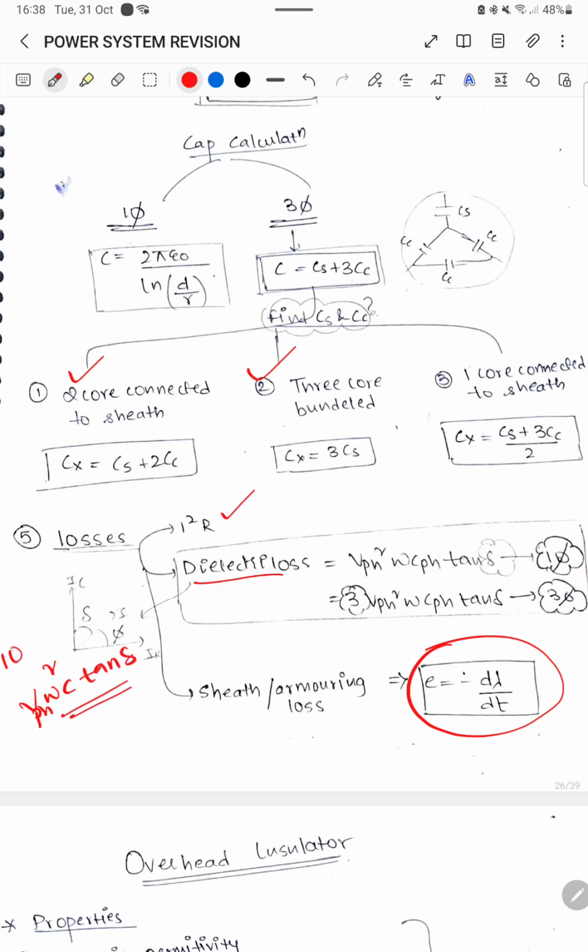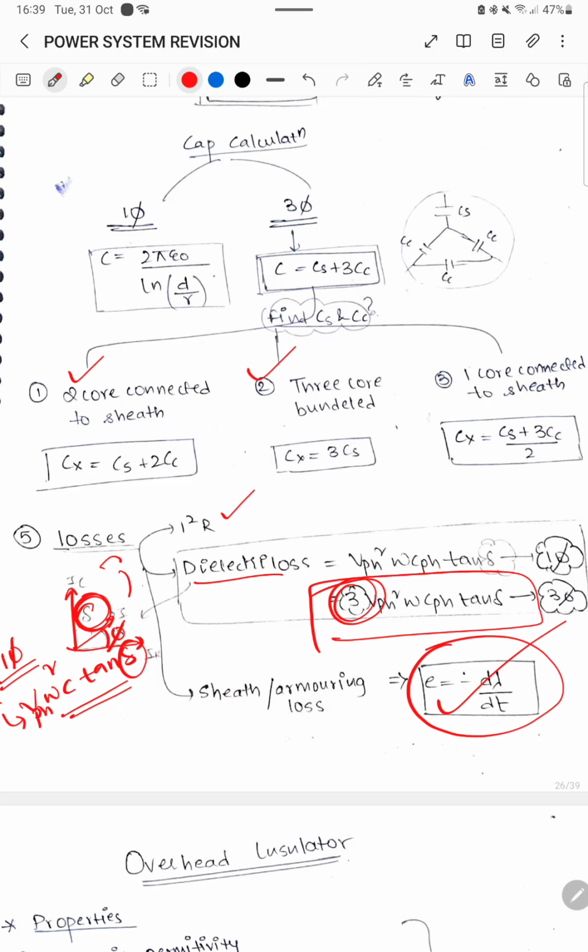We are calculating it for single phase anyway. So VPH square omega c tan delta, where delta is the angle between IC and I, and load angle is phi between IR and I. For three phase, you multiply it by a factor of 3. That's all.